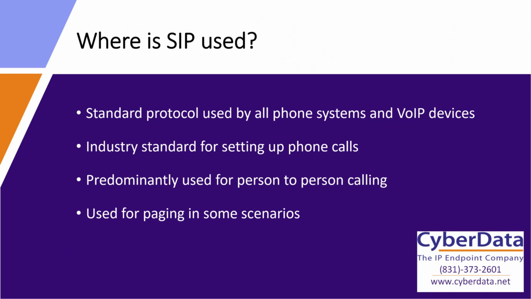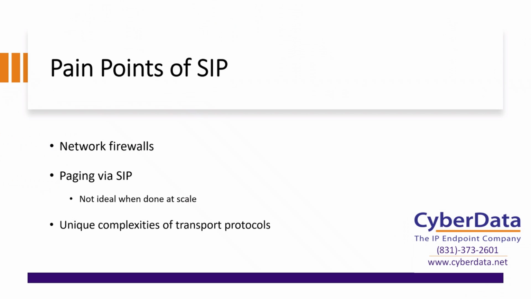And instead of using SIP to just make a phone call to Alice, to Bob, to Jeff, to Joe, 4 calls, you can do a one-way page. That way everybody gets that message simultaneously. So you'll have SIP used under that context in some scenarios, but not all. And there are some potential pain points that we can get into with that.